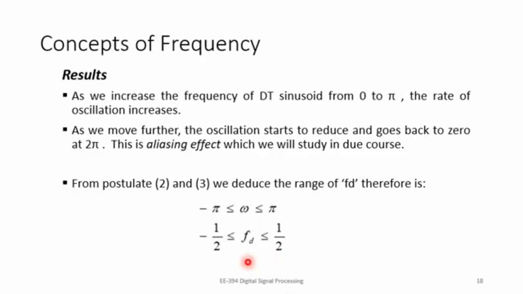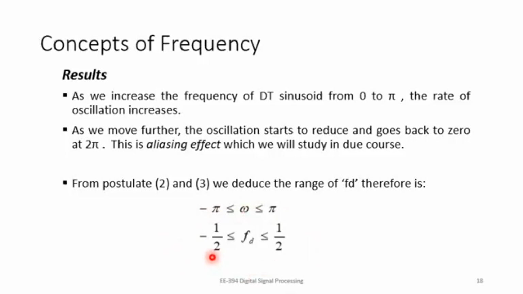So both problems are solved if we limit ourselves to the range of 0 and half, and obviously to make the mathematical symmetry work, we expand the range from FD as minus half to plus half. This is a rule we are setting on ourselves.